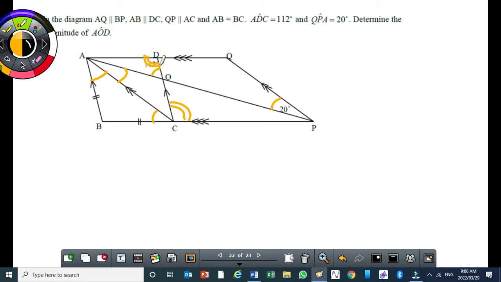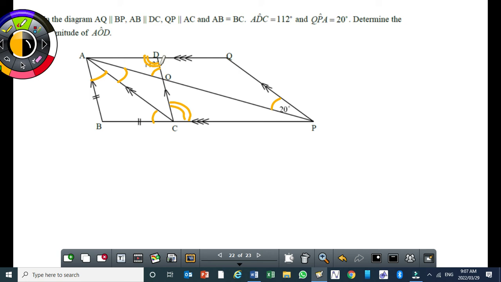But this whole angle cannot be 20. So this angle is 20, which is what I have.